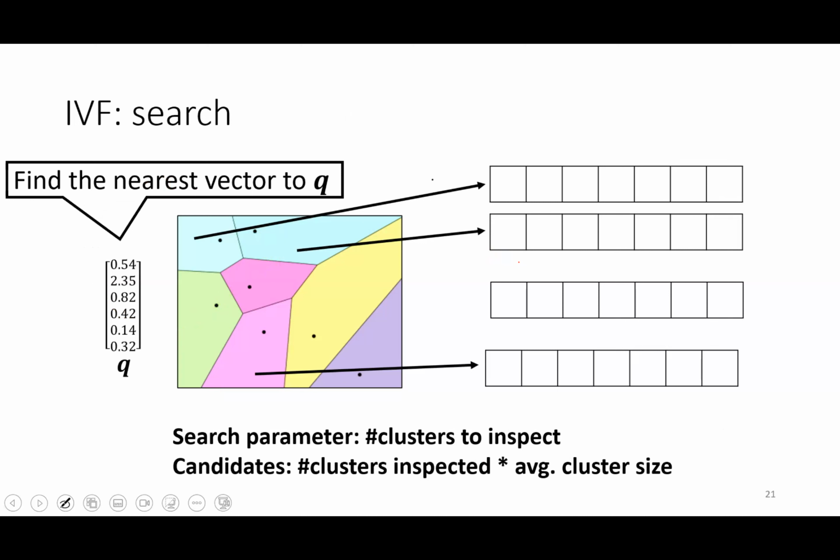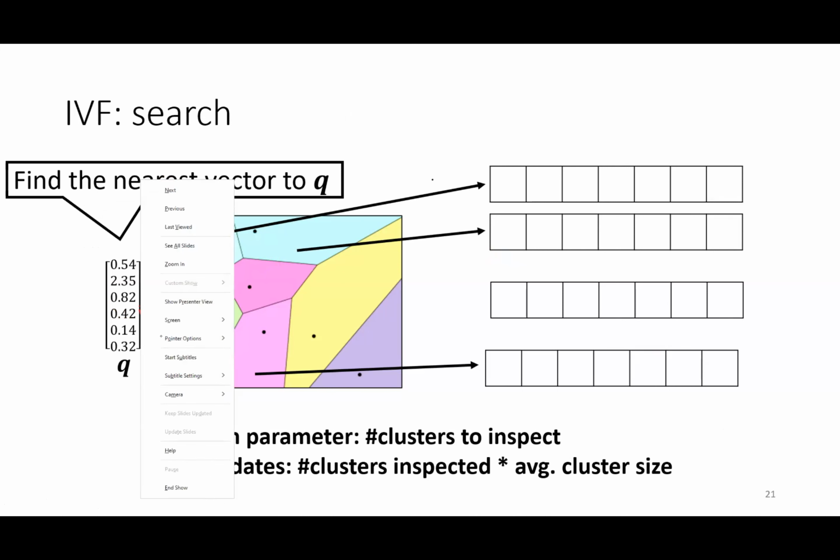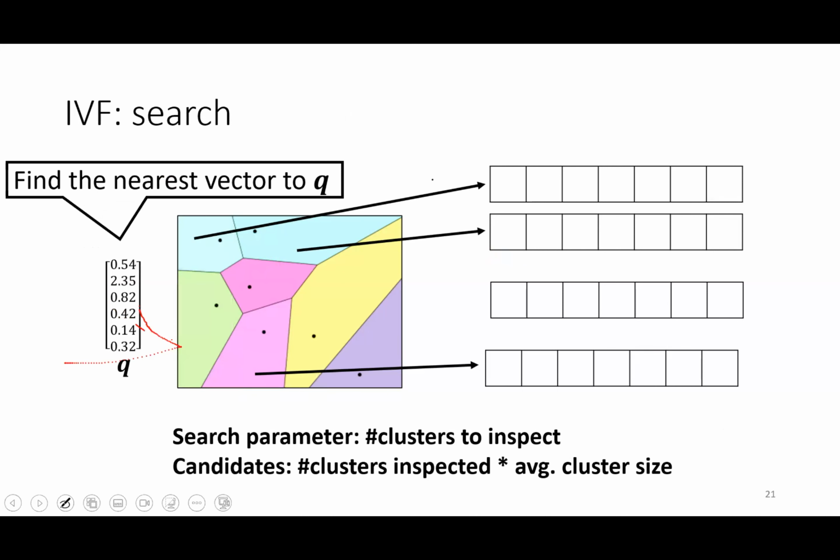Searching. How do you find the nearest vector? Well, you take your query vector, you look, where is it? Might be over here. Let's say this is your query vector. What you're going to do then is you go to your closest centroid.